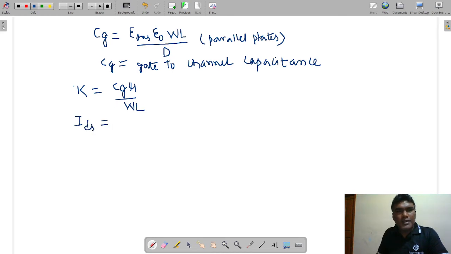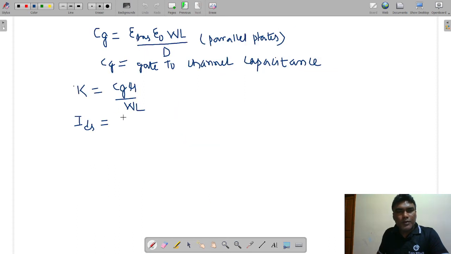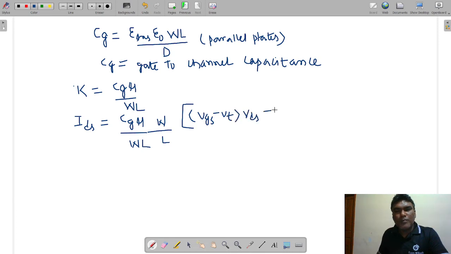So where K is, we have K into W by L. Instead of this K, you can substitute in terms of CG. So CG into mu by W into L into W by L. The remaining equation will be the same, VGS minus VT into VDS minus VDS square by 2.